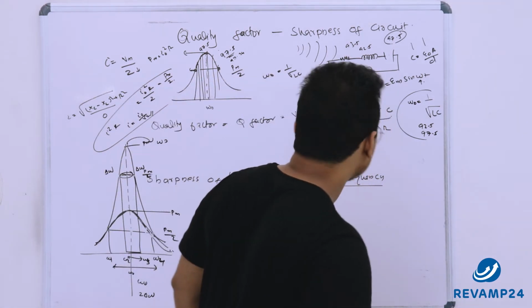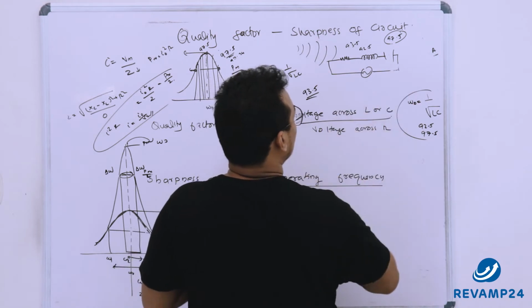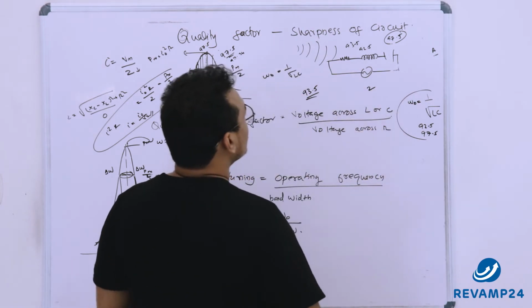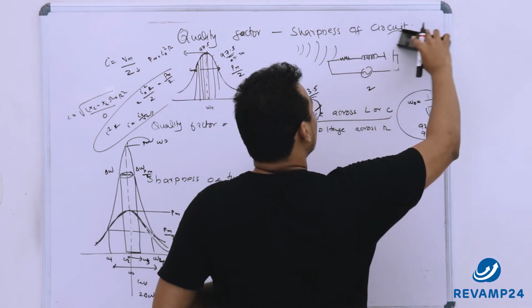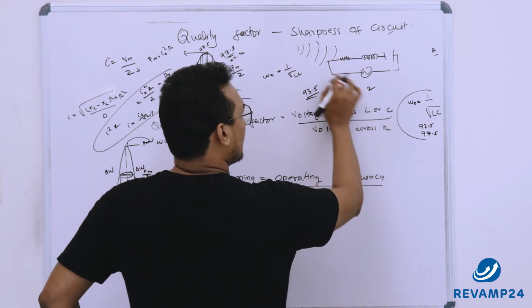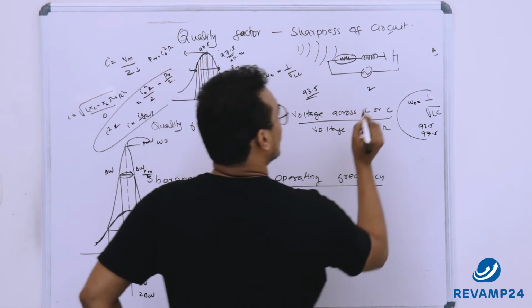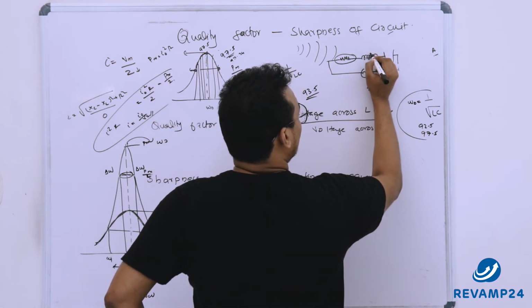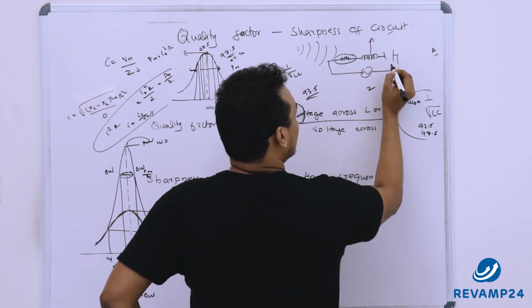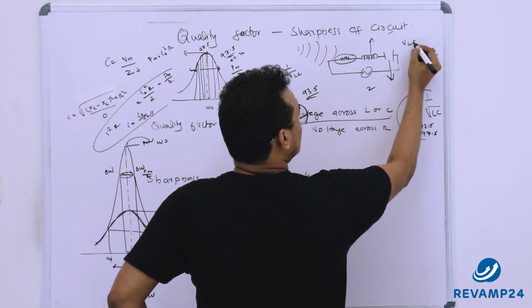Let's say the input voltage is 2. Now at resonance, you know that the total voltage drop across this circuit will be only due to the resistance. Why? At the inductor the voltage would be leading, at the capacitor voltage would be lagging, but at resonance VL is equal to VC.